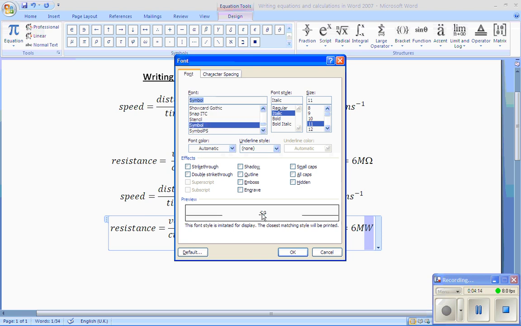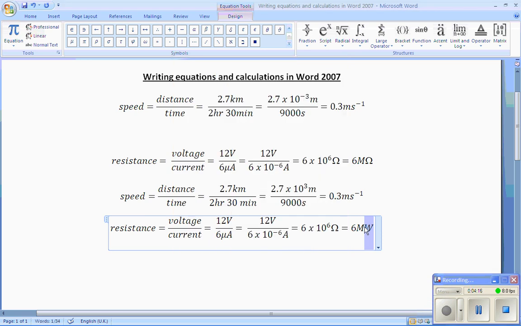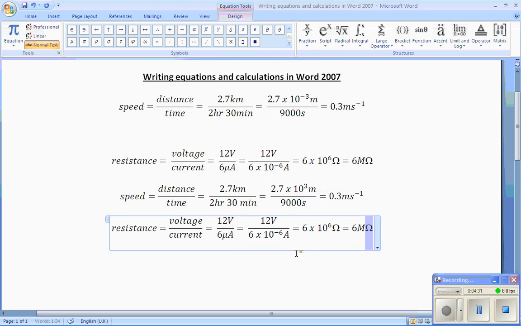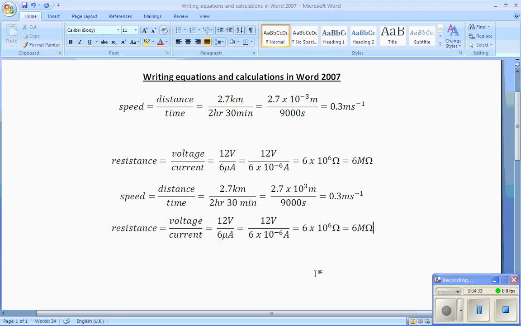For some reason it does that sometimes, and you have to be careful that you select it, then go for normal text, then go on to the font, and that should hopefully now, with any luck, give us a symbol of an ohm sign. And that's how to create most of the things that you'll need in Word to create equations for in your reports.